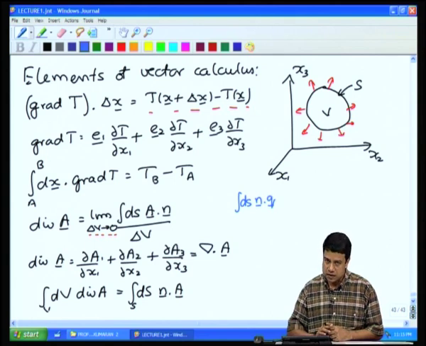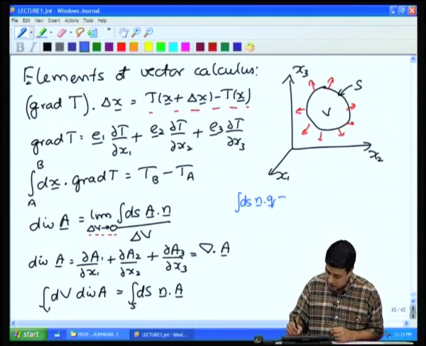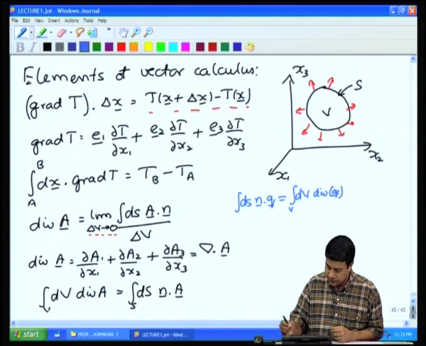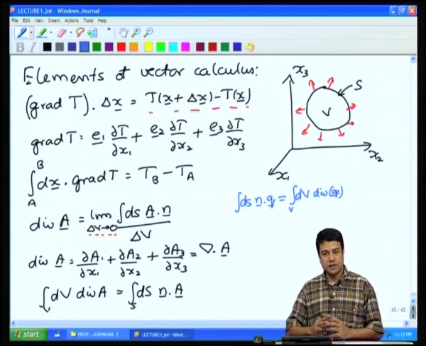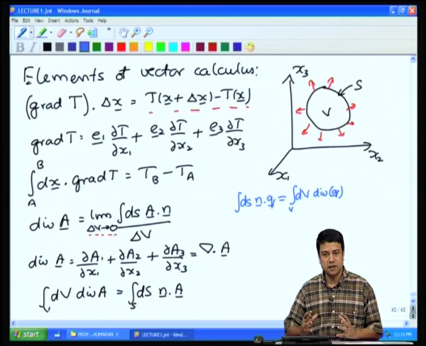Integrating that over the entire surface is equal to the total energy that comes out of the surface, and that is equal to the integral over the volume dV of divergence of q. Okay. So, only if there is a net amount of energy coming out of the surface will the divergence of q integrated over the volume be non-zero.